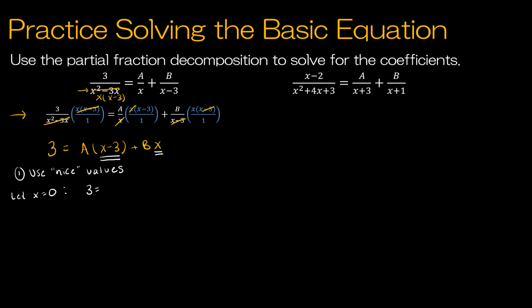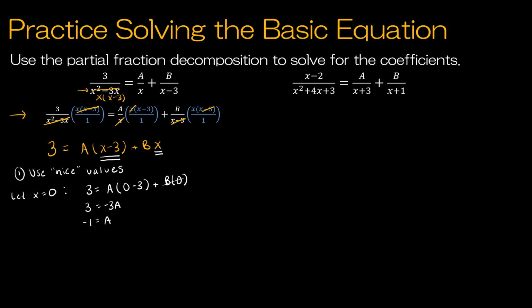Because I'm looking at these two values that involve x, and if I let this x equal 0, b is going to go away because I'm going to have 0b. That's how I'm making that choice. So 3 is equal to a times 0 minus 3, b times 0. That gives me 3, and then a times negative 3, so negative 3a, and then plus b times 0, well, that's going to go away. Continuing to solve for this, I get negative 1 is equal to a.